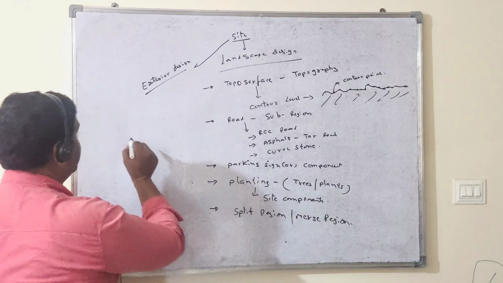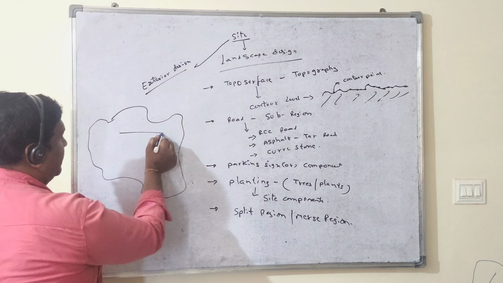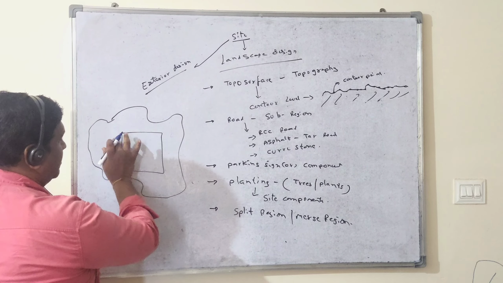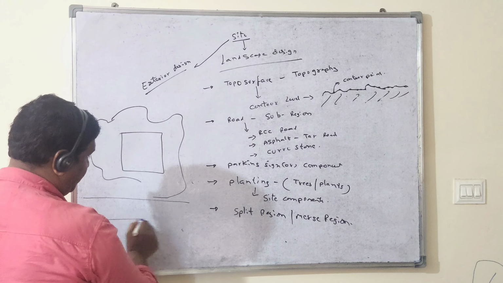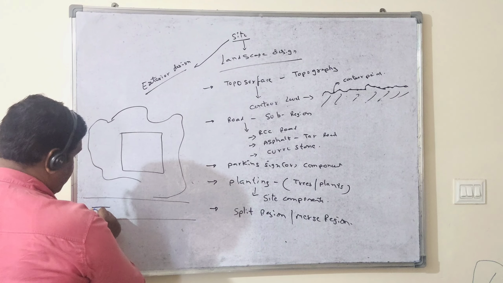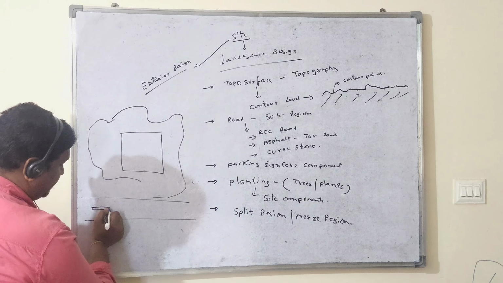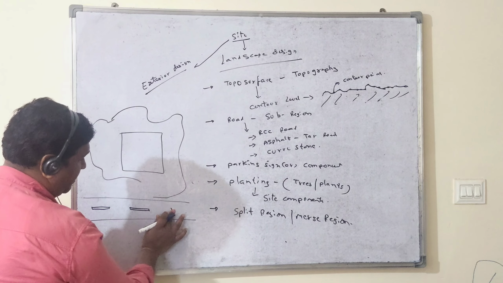Because what will happen, your topo is like that and your building is here. You have given the road, a four-way, a two-way road has been given. In the road between you have created the signs like that. You can see the parking signs. It becomes like that.